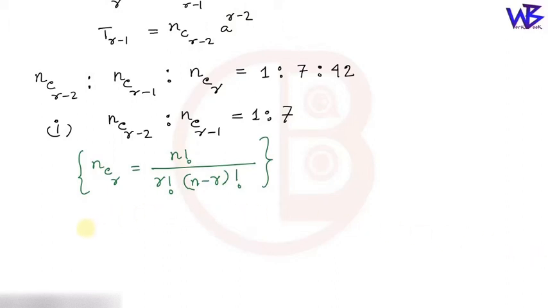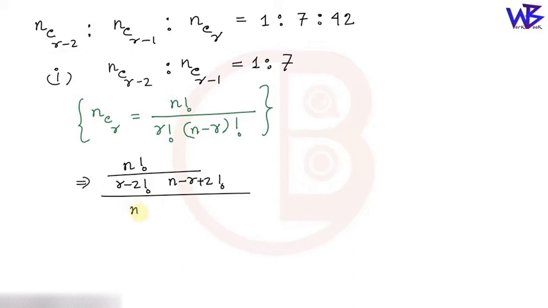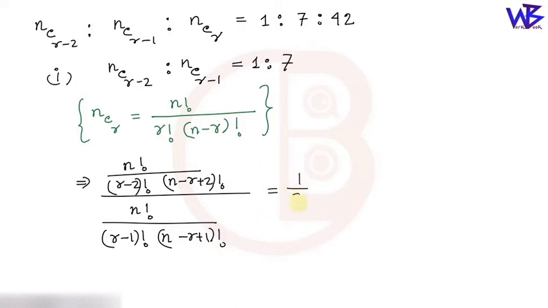So I can write n! upon (r-2)! times (n-r+2)!, divided by nC(r-1), which is n! upon (r-1)! times (n-r+1)!. This is equal to 1 upon 7.